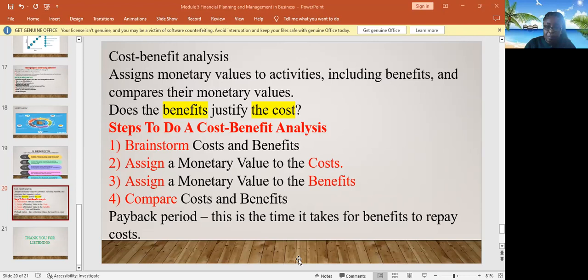Now, how do you assign monetary values to activities under costs and benefits, and compare their monetary values to costs? Does the benefit justify the cost? How do you assign this? So how to assign values?